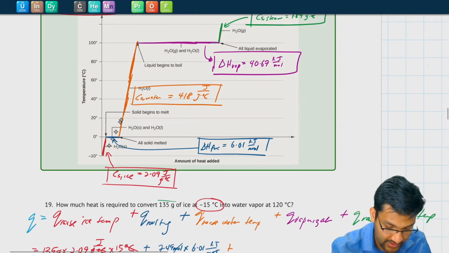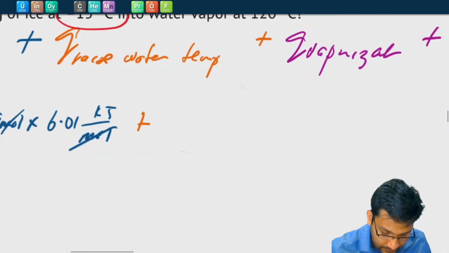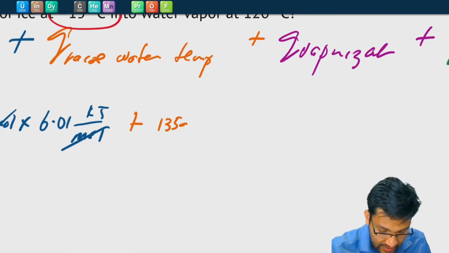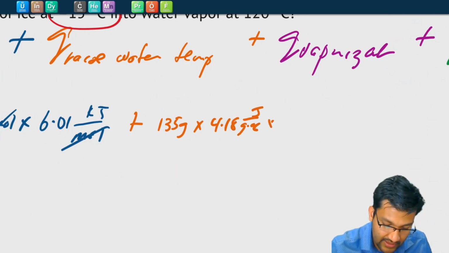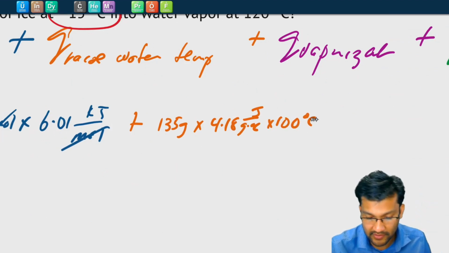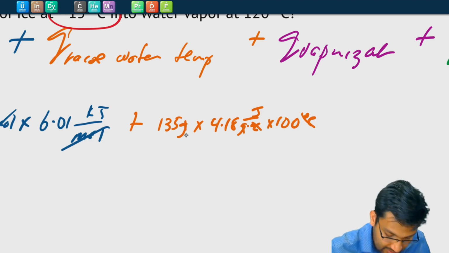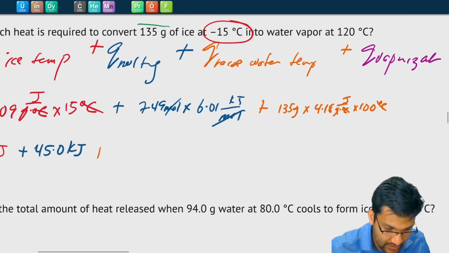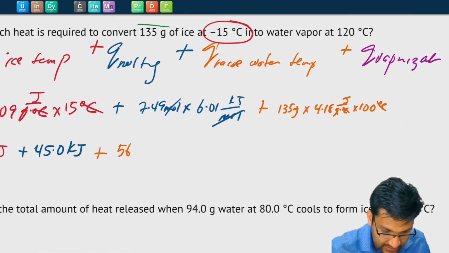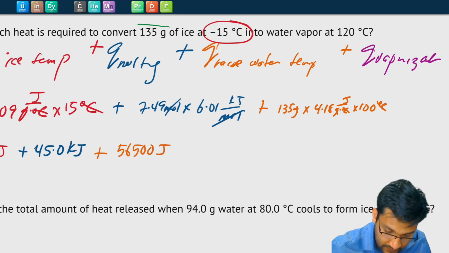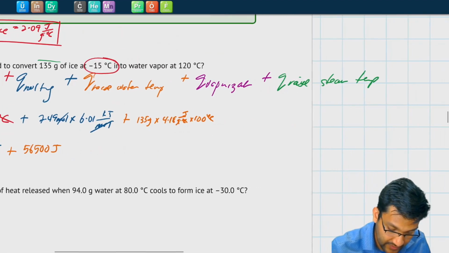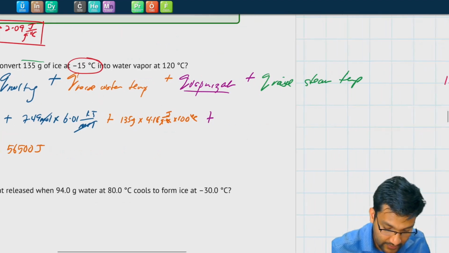Because that's this whole process here. So the mass is 135 grams, specific heat capacity is 4.18 joules per gram per degree Celsius, and the temperature changes 100 degrees Celsius from 0 to 100. So this all comes out to be, I believe, 56500 joules.